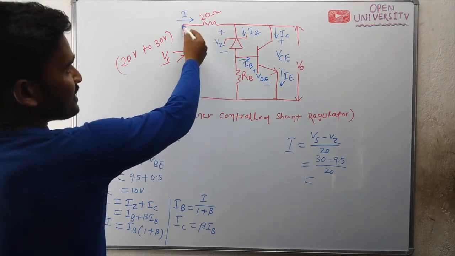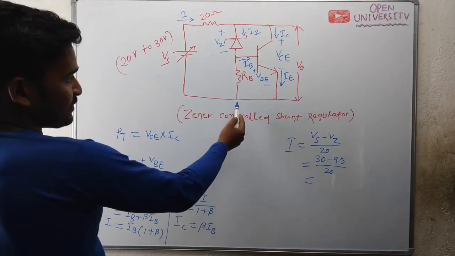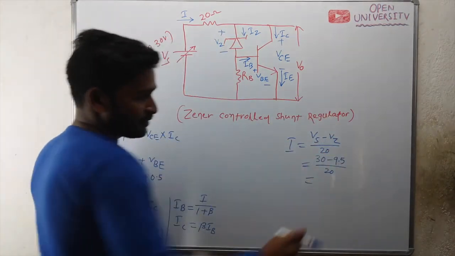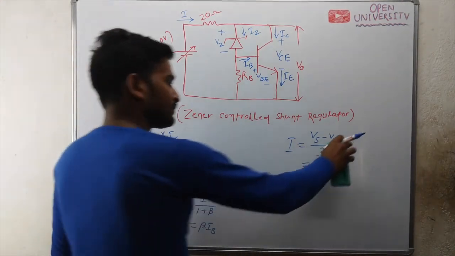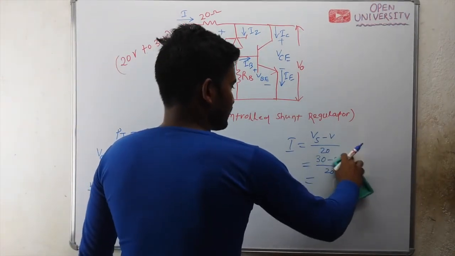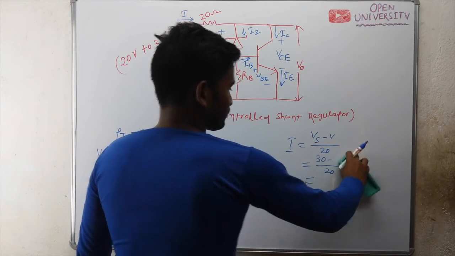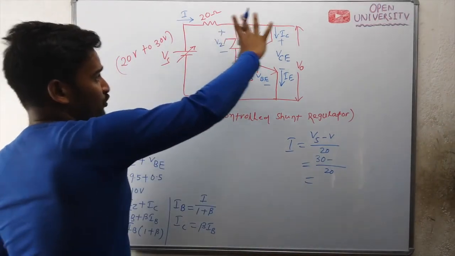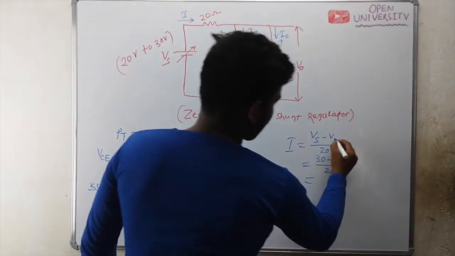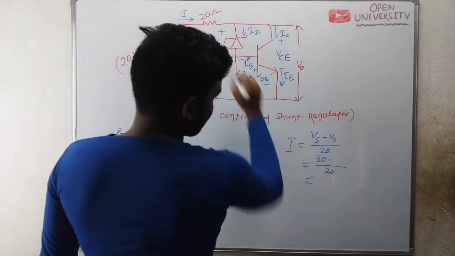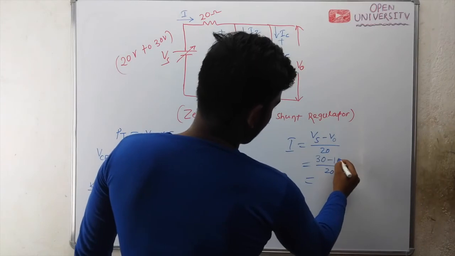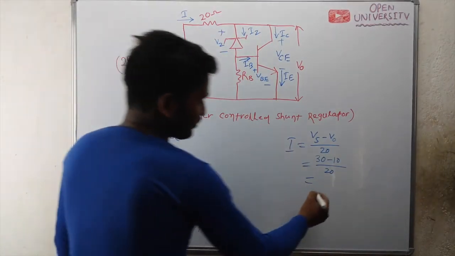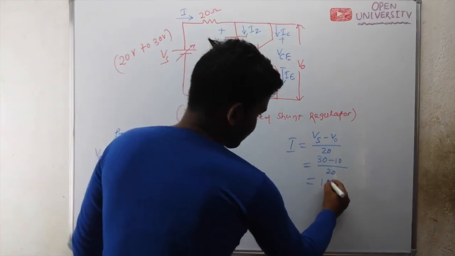I will be VS minus V naught. With respect to this ground, the total voltage across this branch is V naught. So VS minus V naught divided by this resistance, where V naught we calculated to be 10 volt. So 20 by 20, that is 1 ampere.